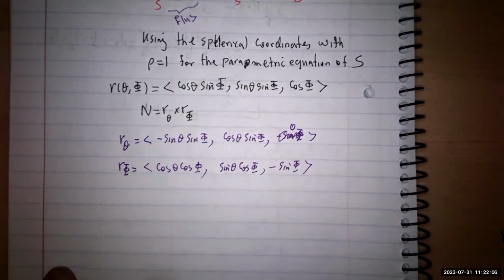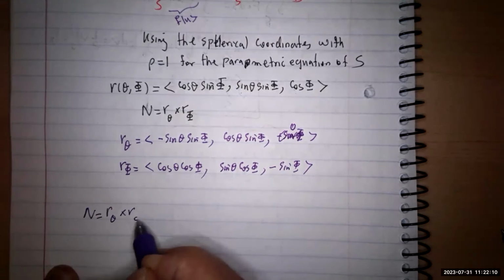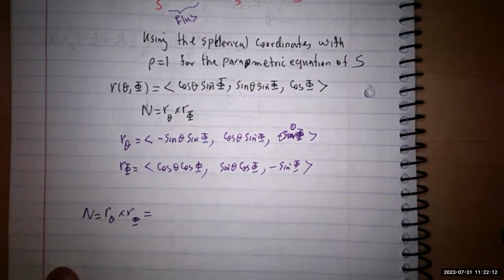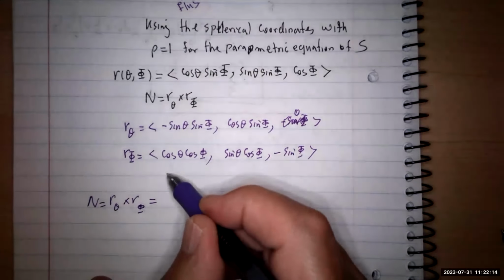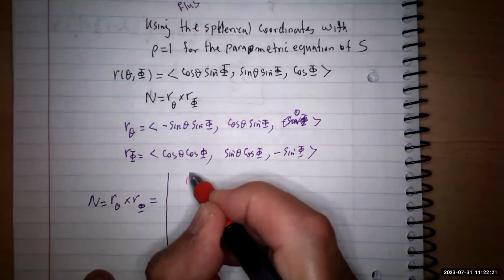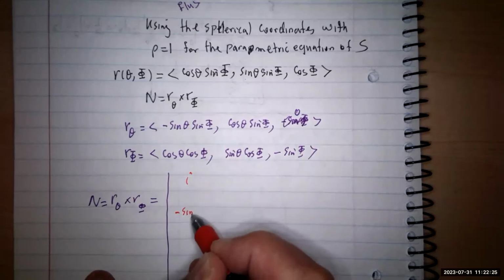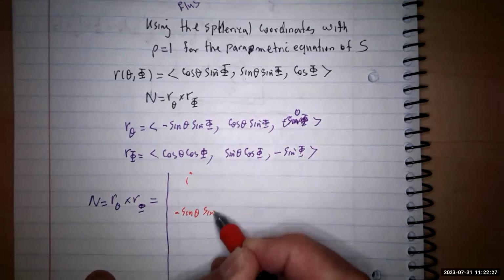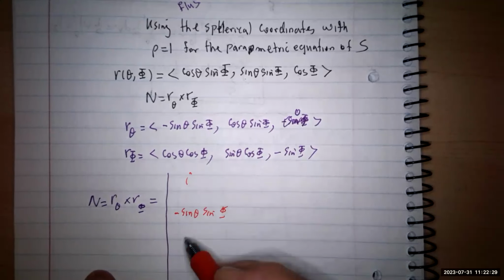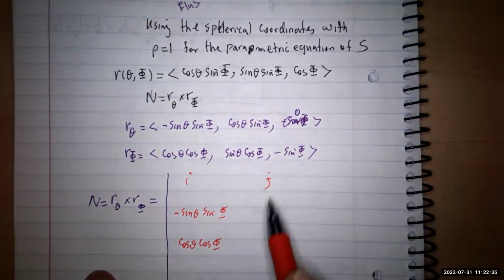If you cross multiply, n is equal to r theta cross r phi. Carefully put them together. So this is going to be i. I'm going to put this one so I have enough space. The first row is negative sine of theta sine of phi, then cosine of theta sine of phi, and 0. The first component here is cosine of theta cosine of phi, you get the j here.